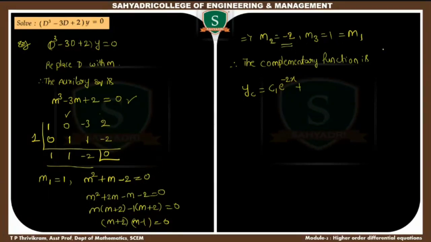If it repeats 3 times, a second degree polynomial. If it repeats 4 times, a third degree polynomial. So it is repeated twice, we have to write a first degree polynomial, that means c2 plus c3x, into e power, what is that repeated root? 1x. So like this, you have to write the complementary function. Getting?